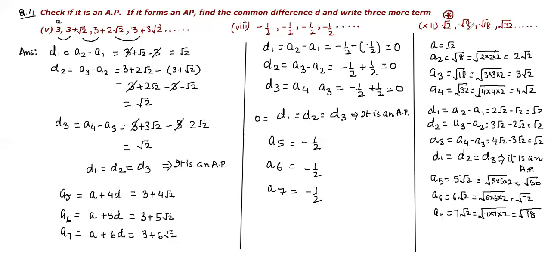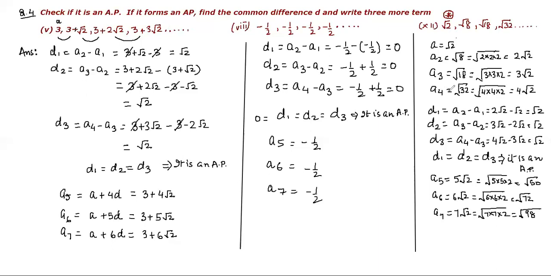Let's simplify them to see what is given as the second term. So when you simplify, square root 8 is 2 times 2 times 2, and one 2 will move out of the square root and therefore it is 2 square root 2. A3 can be written as 3 into 3 into 2, that will become square root 18. Then 3 will move out and it is 3 square root 2.